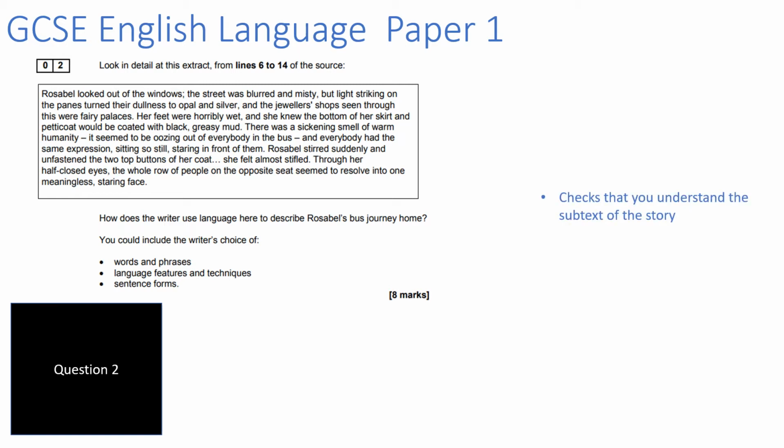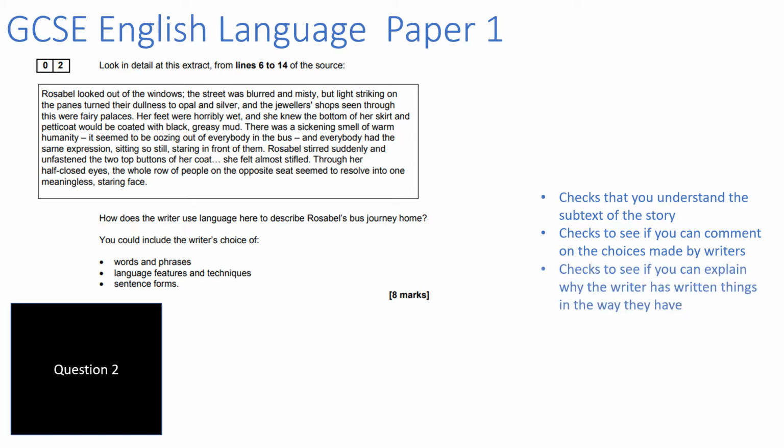So what does this question do? Well, the first thing is it checks your understanding, that you understand the subtext of the story. What's really going on in here? Do you really know what's going on with Rosabelle? Yes, she's on a bus, but do you understand what's really going on under the surface? It's to check to see that you can comment on the choices made by writers. So can you talk about words or techniques that writers have used?